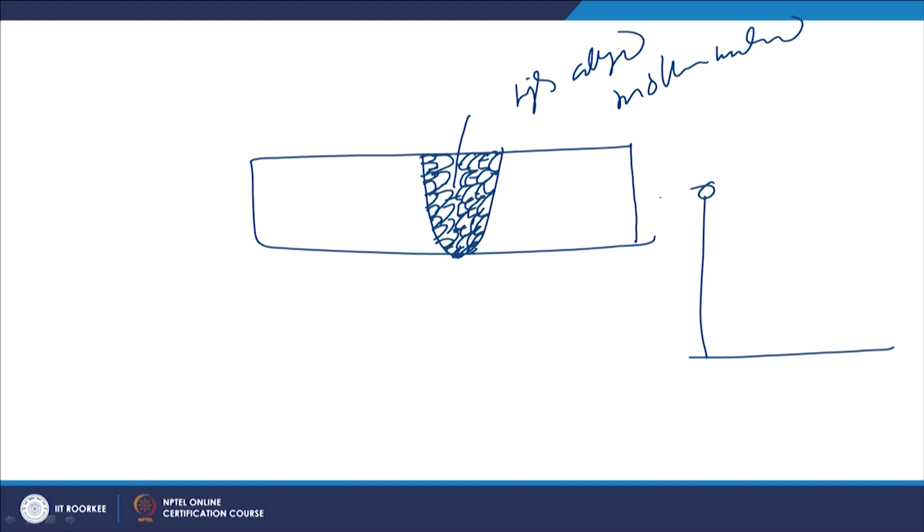Pure metals will be solidifying at a higher temperature, then our liquidus will be decreasing with the addition of the alloying elements. So, the same concept is applicable here also, where with the enrichment of the alloying elements in the liquid metal, their solidification temperature will keep on coming down.